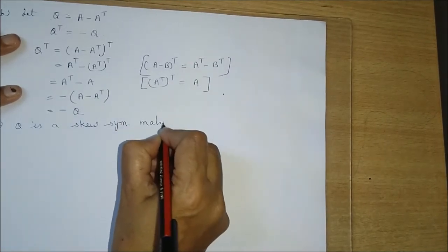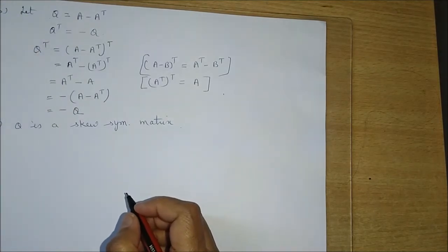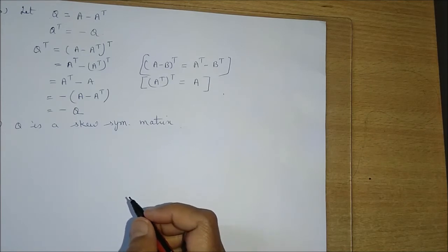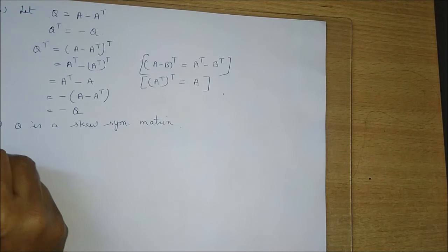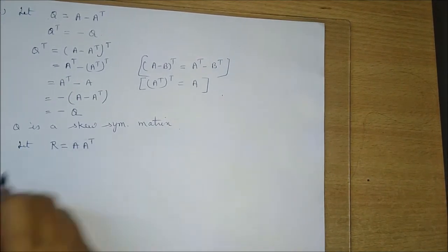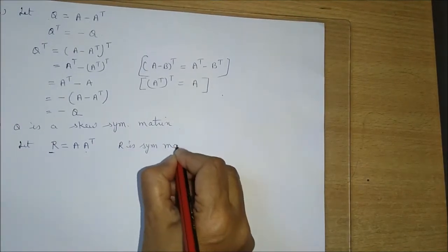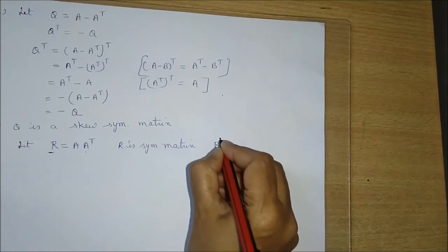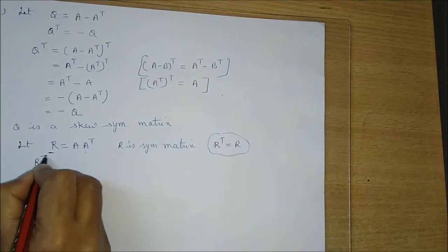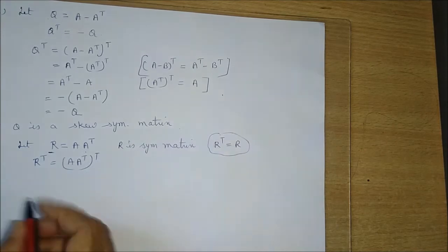Mind it, we cannot prove it by taking any example, because it may be true for that example, but it may not be true for any other example. C part. Let R be equal to A transpose. Now we want to prove that R is a symmetric matrix. That means R transpose equals R. Now we take transpose of this, A transpose whole transpose.